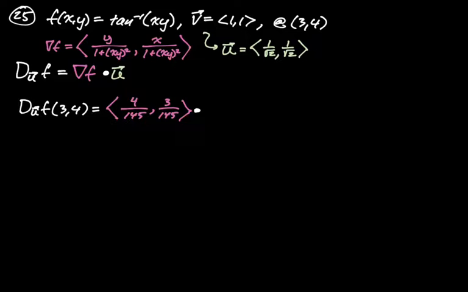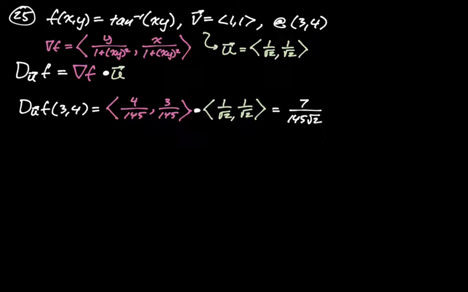Okay, so that's what we get there. We're going to dot that with our unit vector, which is going to give us the sort of ugly answer of 4 over 145 root 2 plus 3 over 145 root 2 is 7 over 145 root 2. It's not going to look better if I rationalize that, so I'm leaving it.